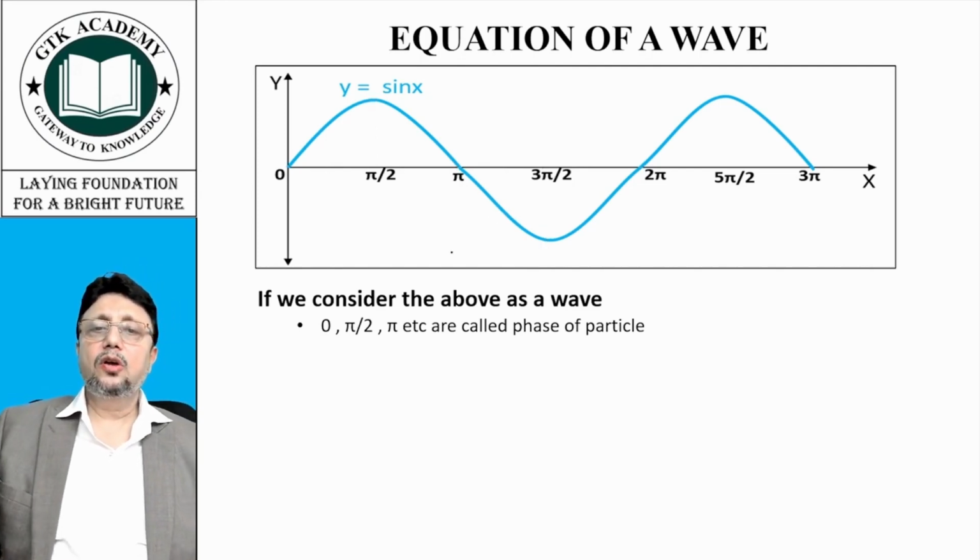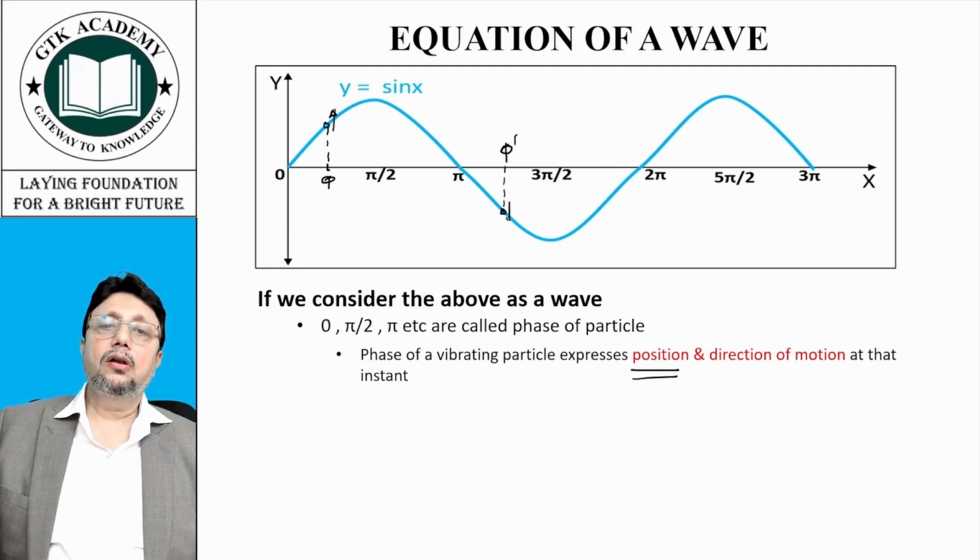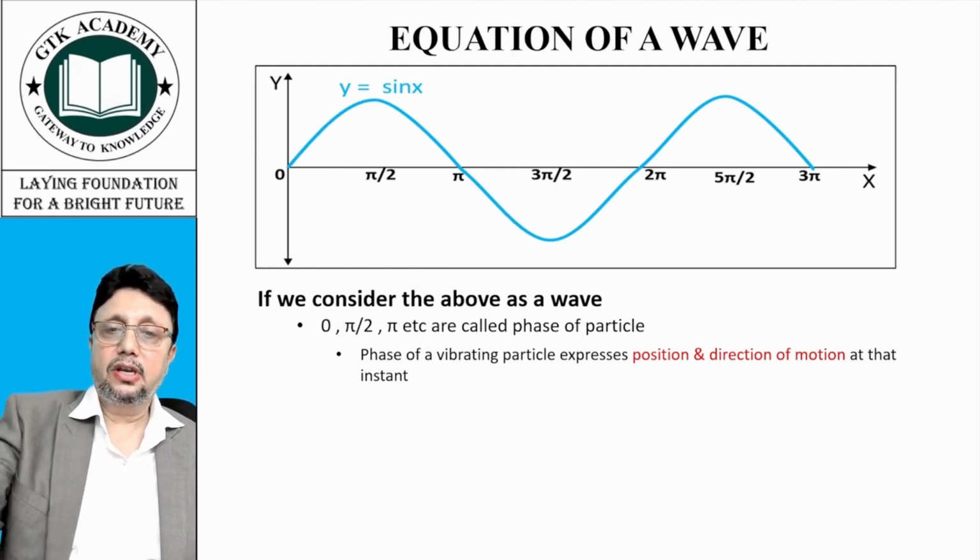That means, what does phase represent? Phase of a vibrating particle expresses the position, this phi, and the direction of motion at any instant, whether it is in this direction, this is phi dash, or this direction.